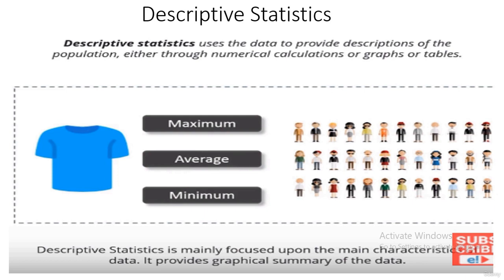It provides a graphical summary of the data. That means the t-shirt size provides the descriptions of the population: either it can fit with the minimum, the average, or the maximum size.